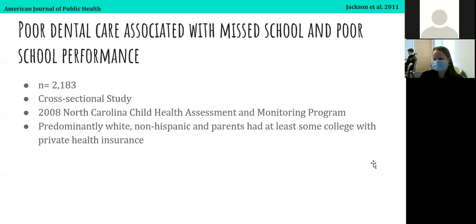There's also been evidence to show that dental disease is associated with difficulty in school. This paper was a cross-sectional study published in 2011 in the American Journal of Public Health, and it looked at 2,000 kids across North Carolina.